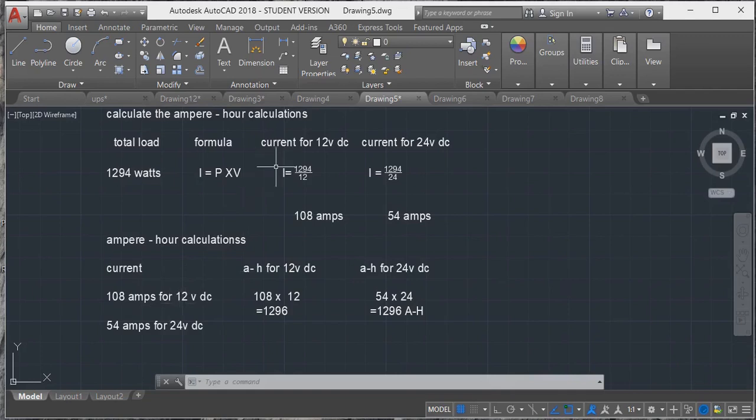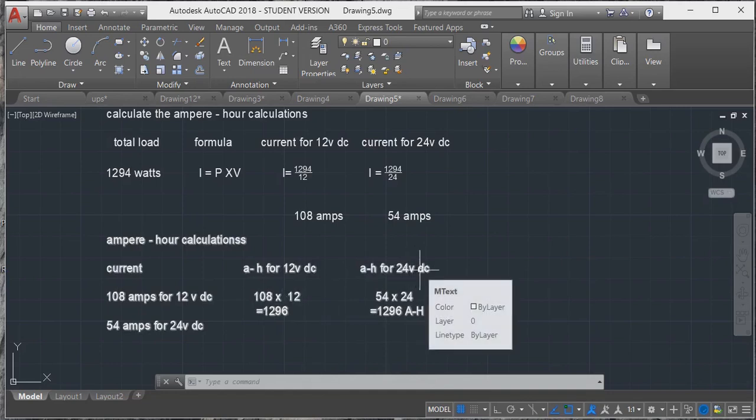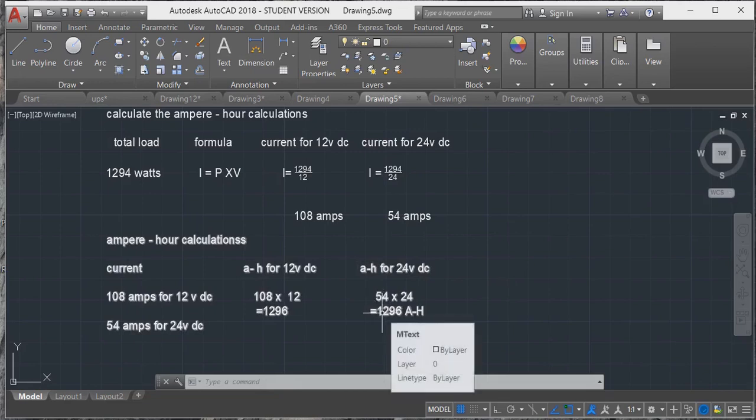Now for the ampere hour calculation, multiplying 108 amperes into 12 volts, we get 1296 ampere hour.